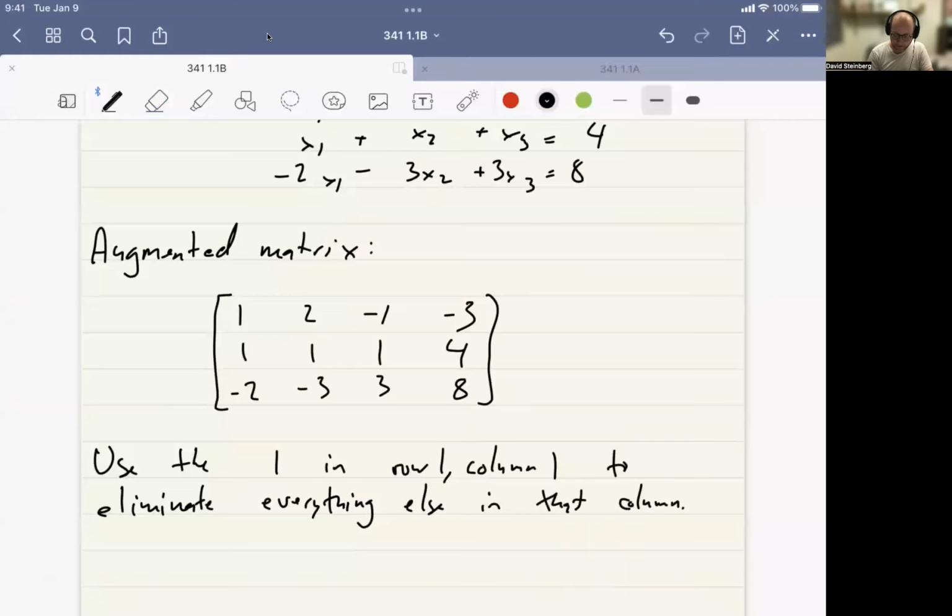If we want to eliminate the 1 beneath it, we should just take row 2 and subtract row 1 from it. So we'll replace row 2 by row 2 minus row 1, or if you prefer, row 2 plus -1 times row 1.